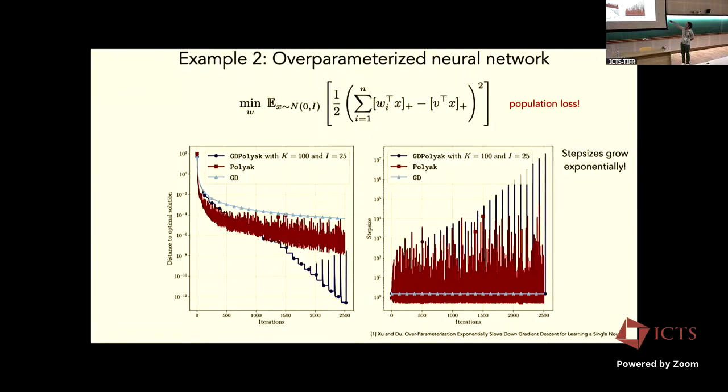This is the problem he was studying. You're trying to learn this V from measurements of its dot product with Gaussian random vectors. You assume that you have access to all the Gaussian random vectors, so basically population level access to the distribution. But you have one twist: you don't know how many of these V terms there are.